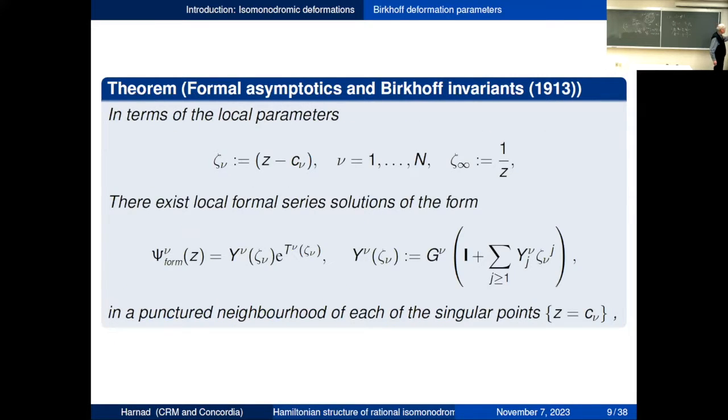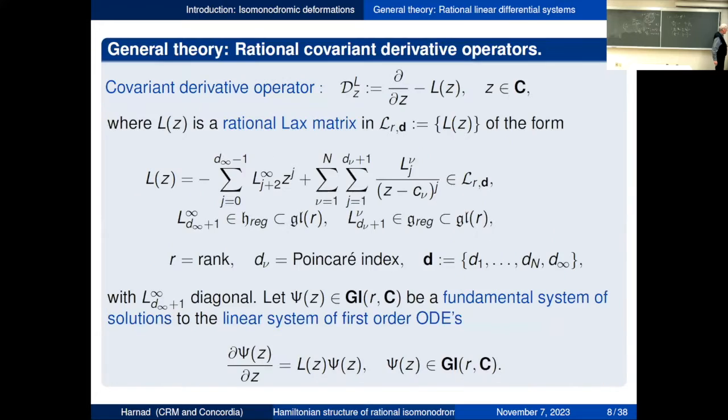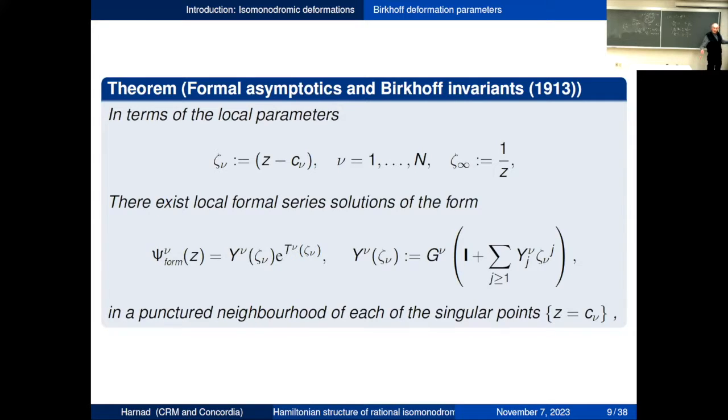So just for notation, let's put in a local coordinate in the neighborhood of every point. So near to c mu, we'll call z minus c mu, zeta mu. This is just so we can present all the coordinates uniformly. And at infinity, we'll just call 1 over z the coordinate that is there. Okay, so this is Birkhoff, 1913. For such a linear system with these singularities, there exists a formal series. This is not necessarily convergent. Usually it's not convergent, but there exists a unique formal series solution in the neighborhood of every singular point of this form.